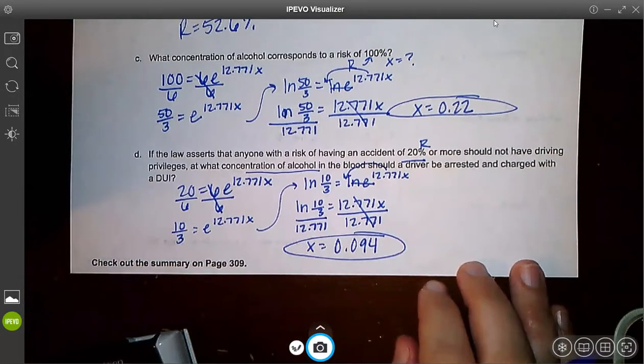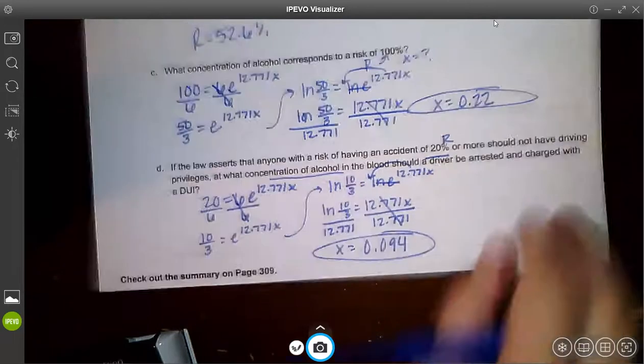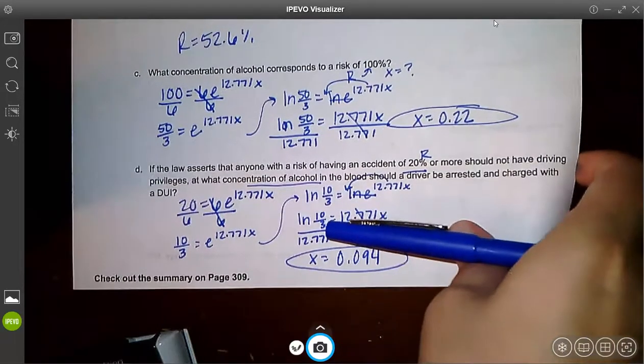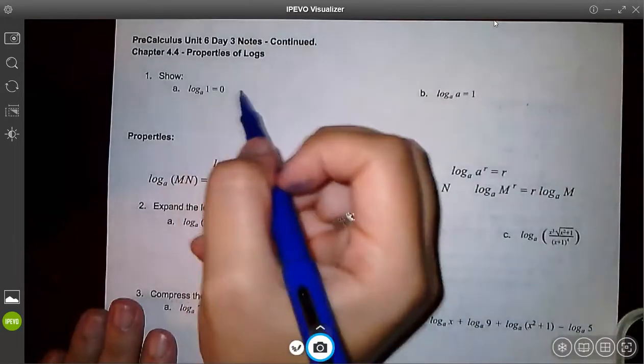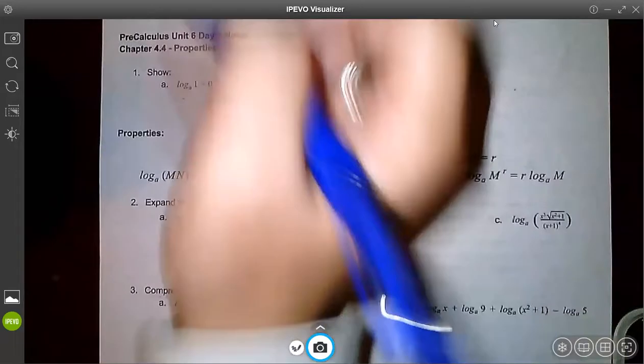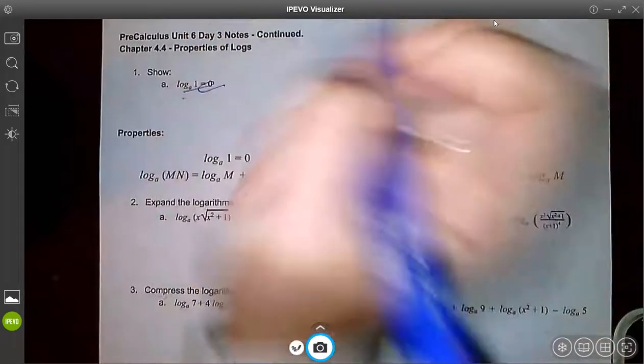We have one more little section we're going to look at, and that's just property of logs, and that is 4.4. Property of logs. So to show that this is always the case, no matter what the base is, we can put this in exponential form.